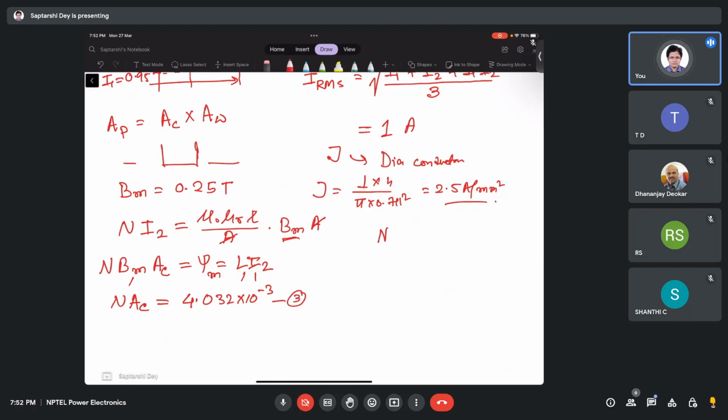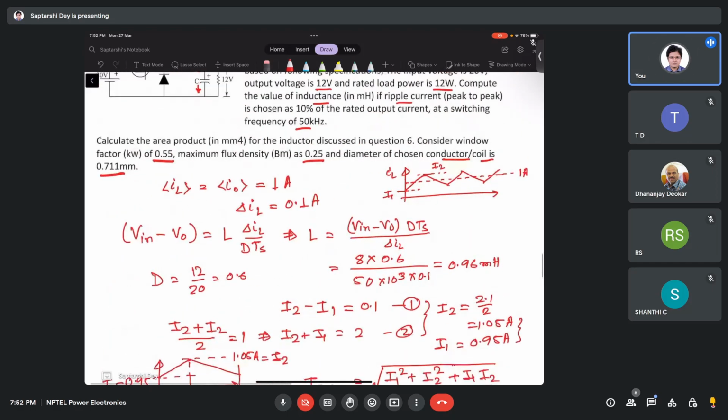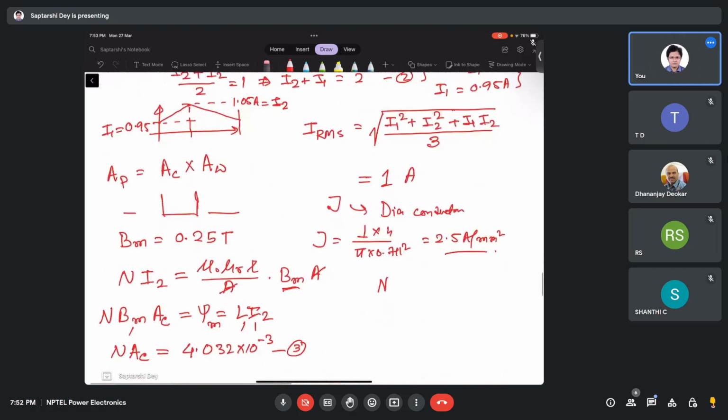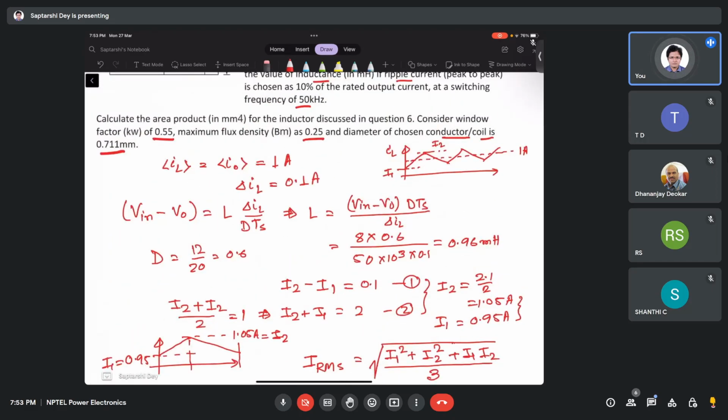So number of turns is n we have taken, and they have given the diameter. So if I put pi d squared by 4, this is the copper area that I need, divided by window factor 0.55.